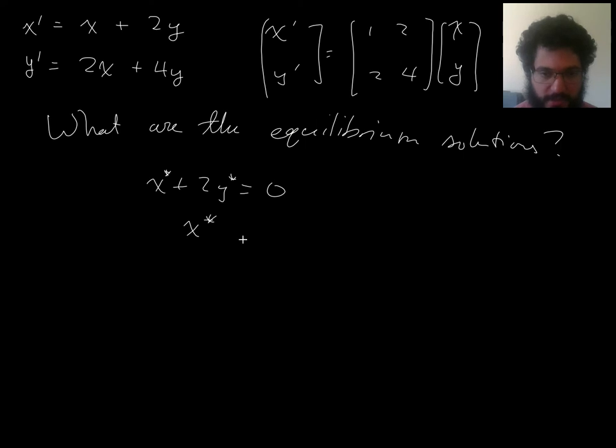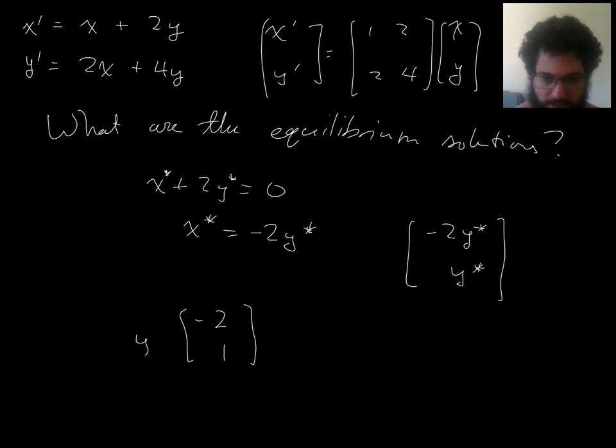So let me solve in the same way I did in the previous lecture and use one of the variables as a free parameter, y star here. Y star can be anything, and as long as x star is negative 2 times that thing, I am looking at a critical point. So how about I write it like this?